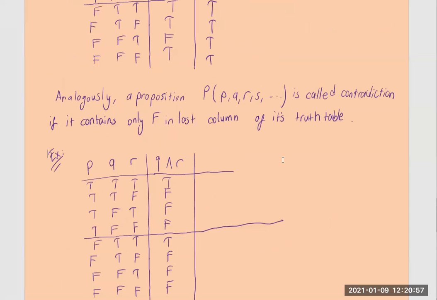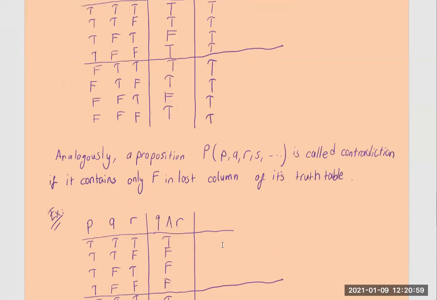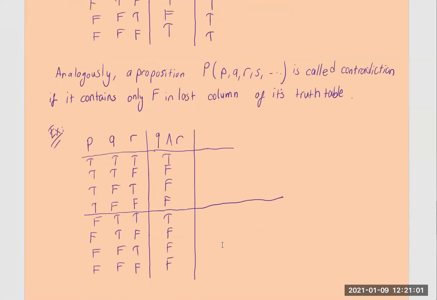The whole last column should be false. Yes, I accept your suggestion, Emre. You can use Q prime as not Q, but I'm using the same notation as your book. If you use what you wrote in the chat, I'll accept it.